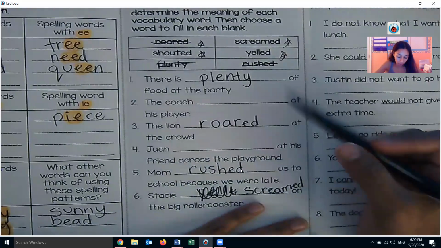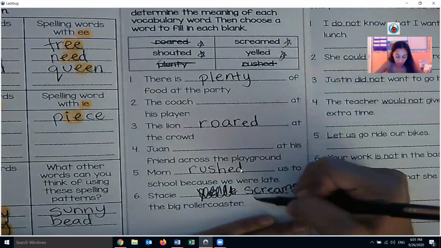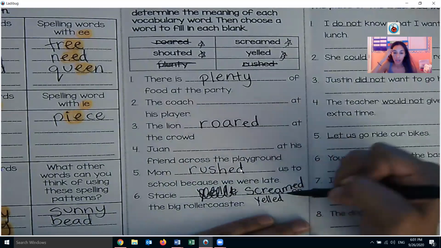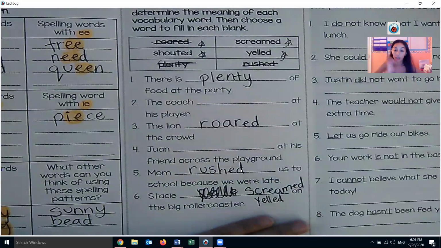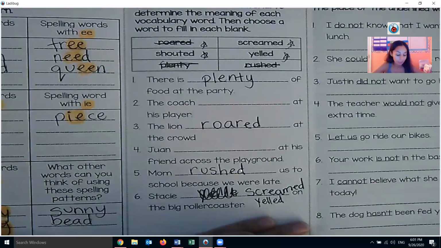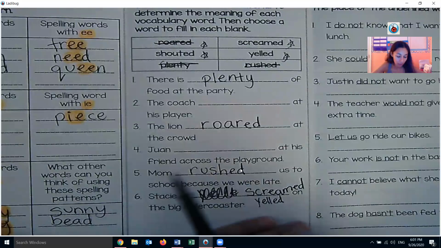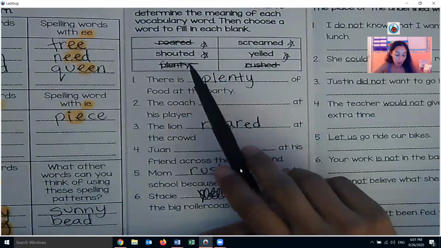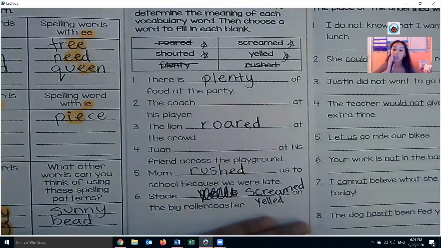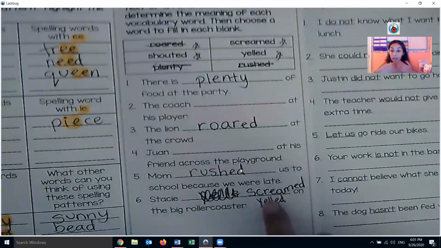yelled could work here. So if you have yelled, that's okay. But I think screamed kind of is what we think of more when we're on a roller coaster. You're going to scream. And then yelling and shouted, we think of those more like kind of like talking, like we're trying to say something. If you're screaming, you're kind of like just making the noise.